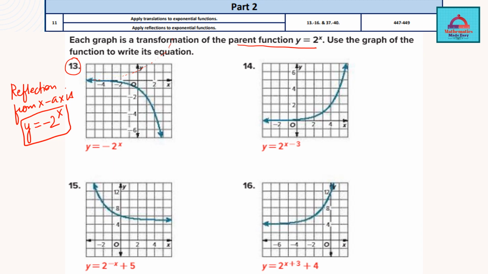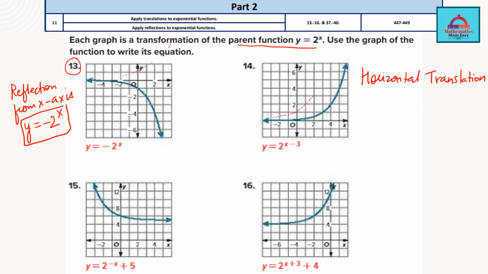In this one, the graph is still increasing. It's an exponential growth function, so there is no reflection here, but you see that the graph has moved from its original position to the right. When it has moved to the right, it is a question on horizontal translation. Now you need to see by how many units it has moved. For that, come to the point where the original graph is meeting the y-axis.